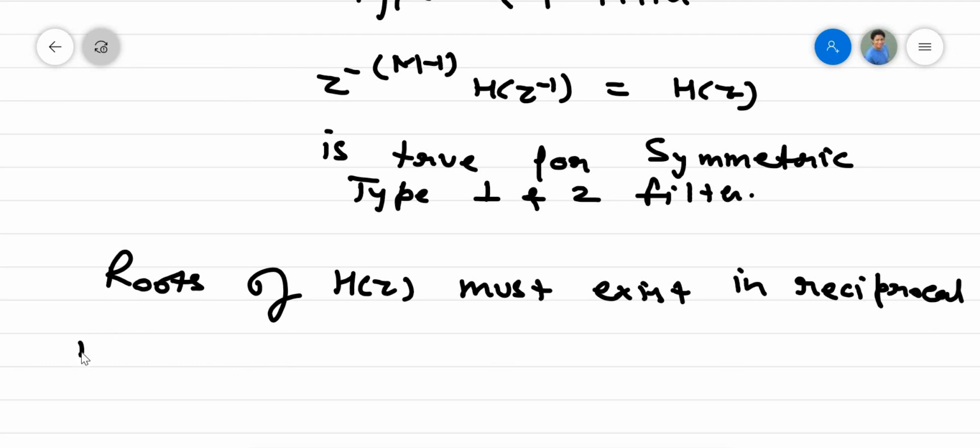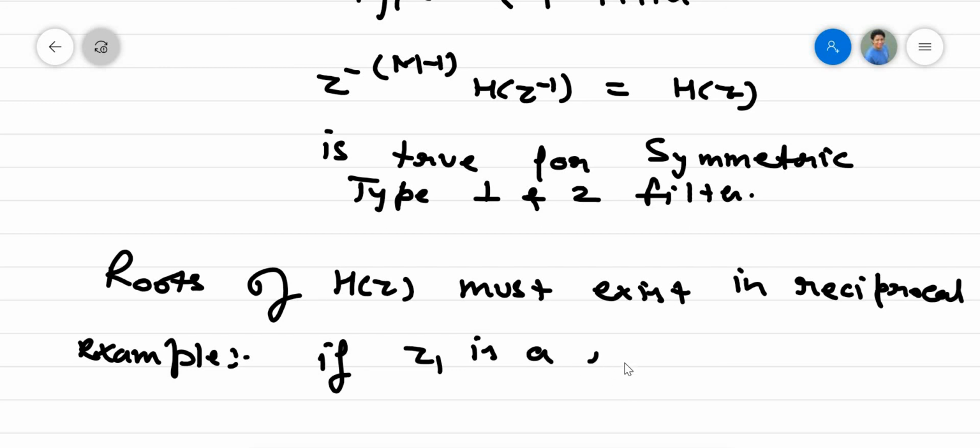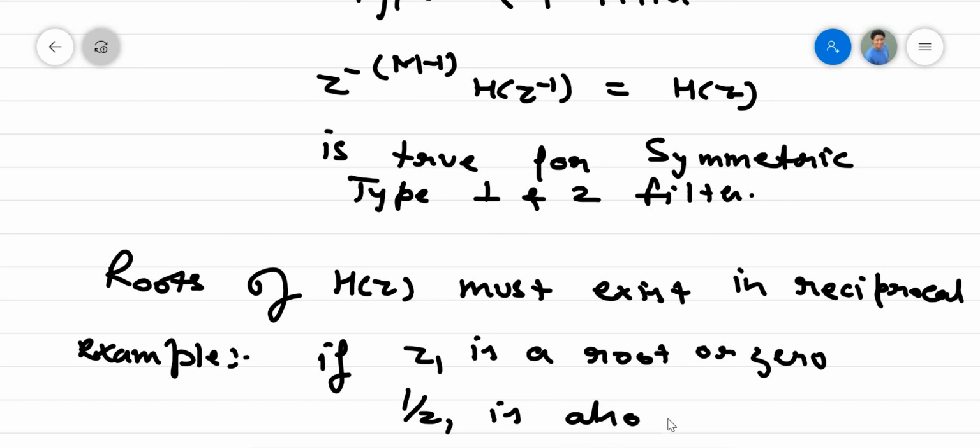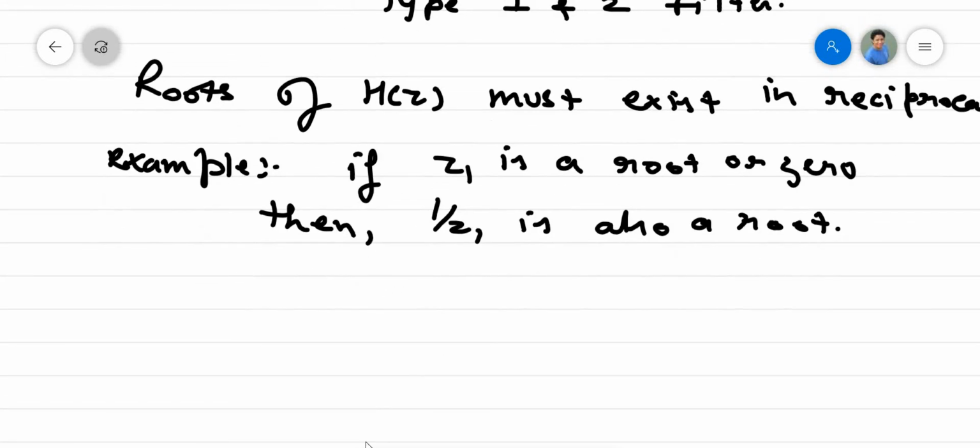That means, for example, if Z1 is a root, or we can say a zero of H of Z, then 1 by Z1 is also a root.